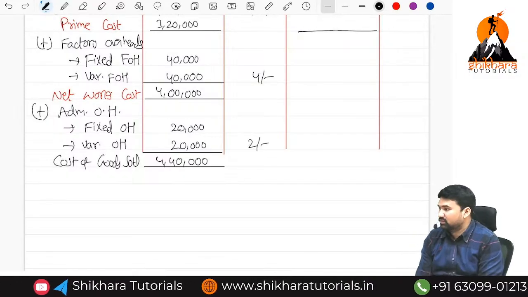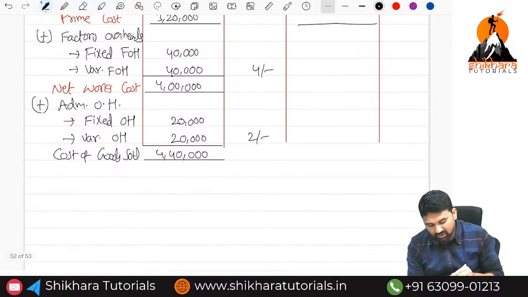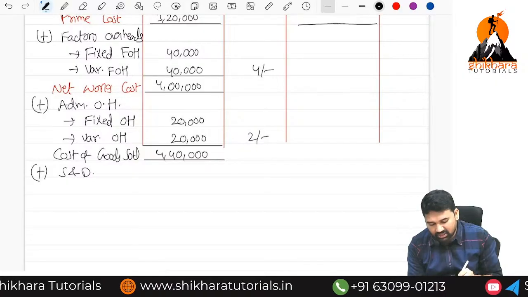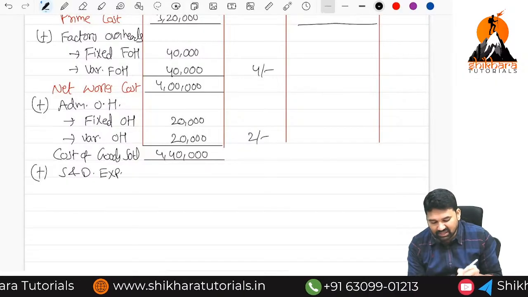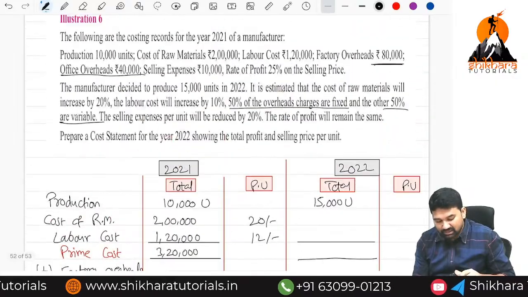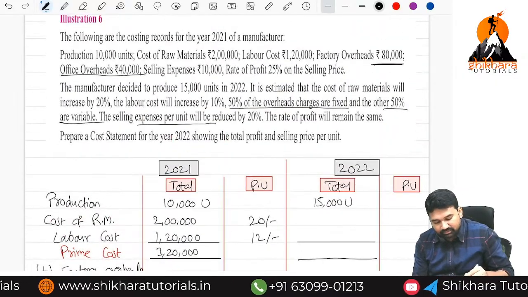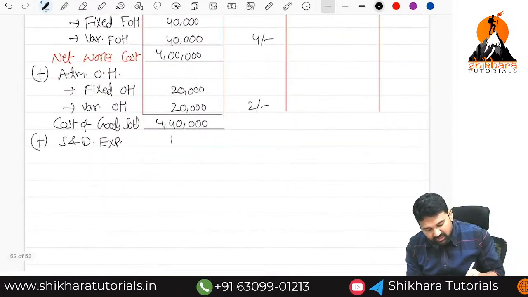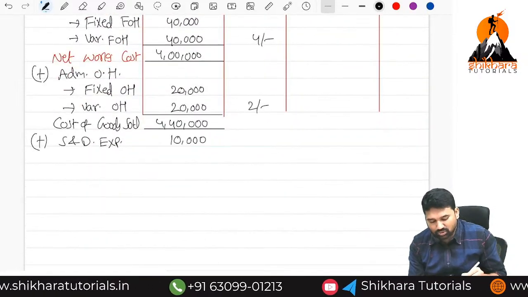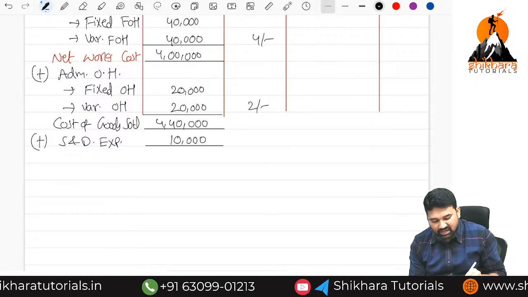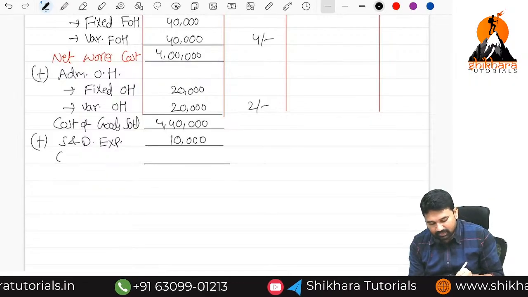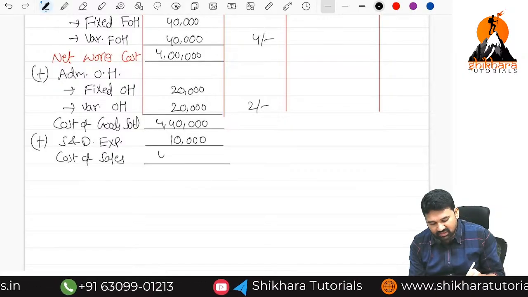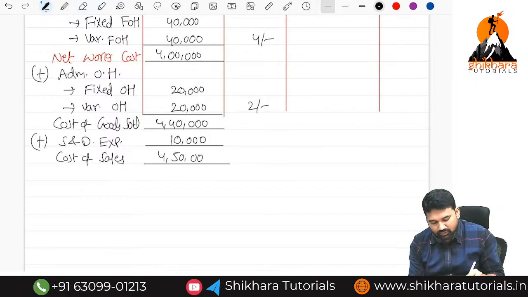Last but not least, we add selling and distribution expenses, 10,000. Ultimately the result will be called cost of sales, which is 4,50,000.